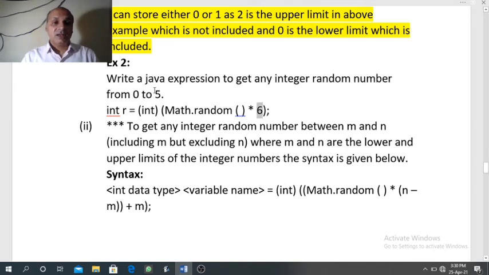The reason is, if we write 5 here, then 5 will not be covered in the answer, but we need 5 also. That is why one extra number is added to 5, so we get 6. In this case, the value of n is 6. In the syntax you have studied, n is not covered. It means 6 will not be covered, but 0 will be covered. So it will give any integer from 0 to 5 randomly.